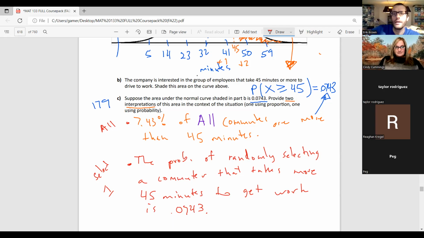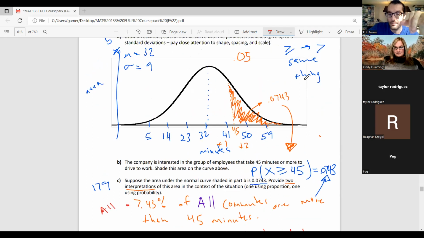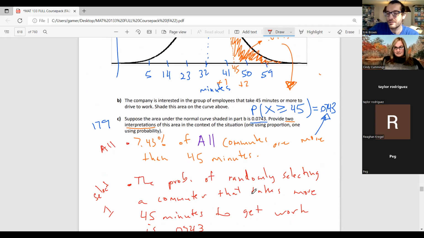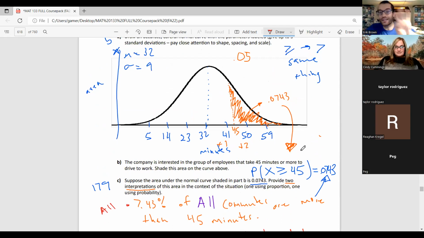This stuff is going to become a really tiny piece of a big process in chapters 9, 10, and 11. So what we're doing is trying to help you understand this connection between the area under a normal curve, the probability, and what that tells us conceptually, in the context of the problem. Then we're going to use this with a z-critical score, and the only thing we need is: do you know that this area is the chance of something happening?